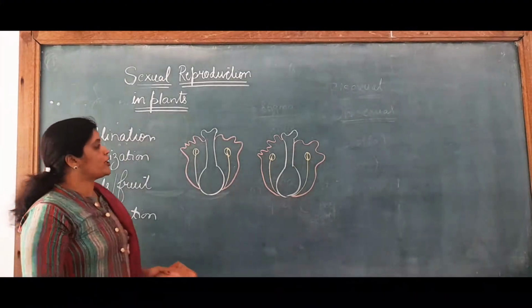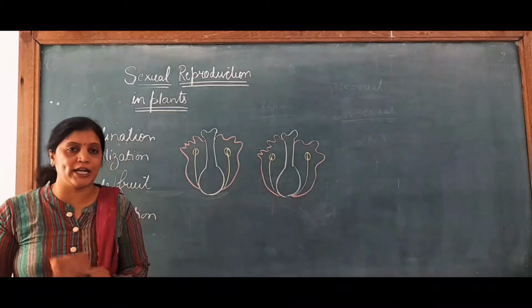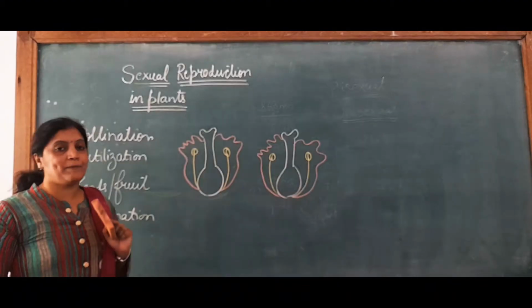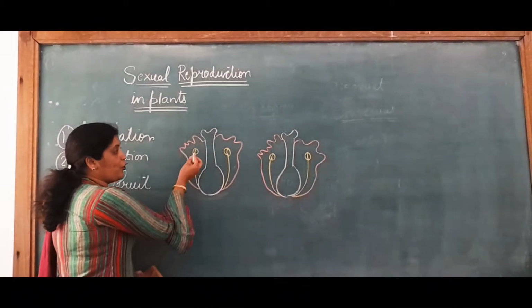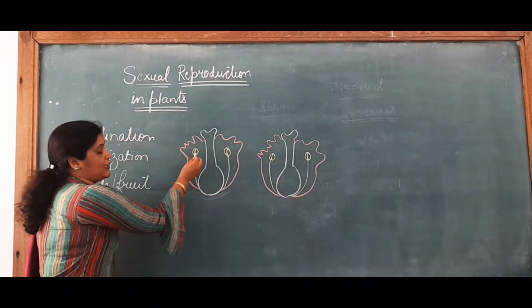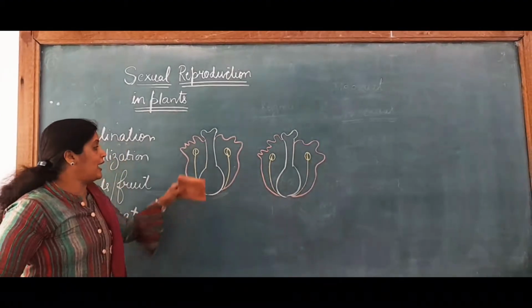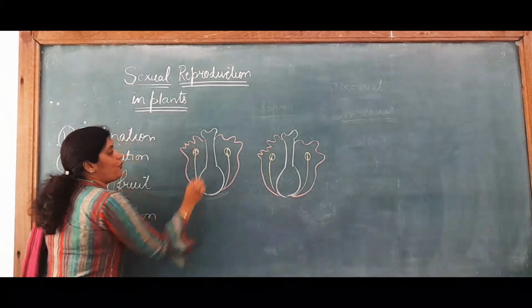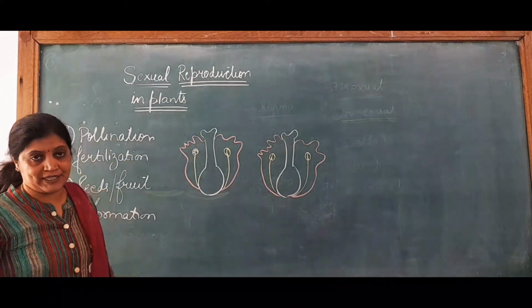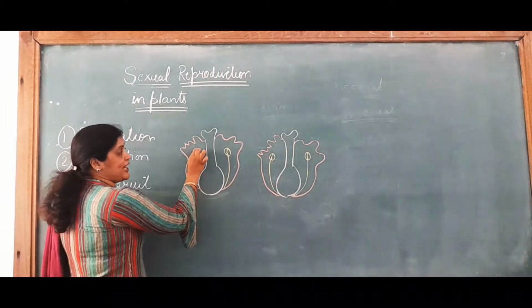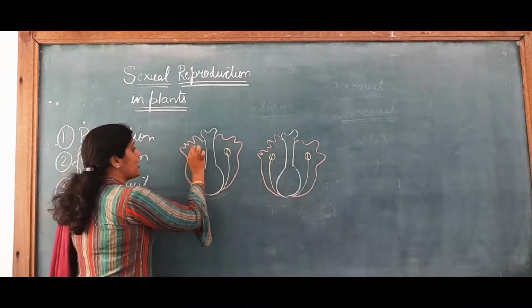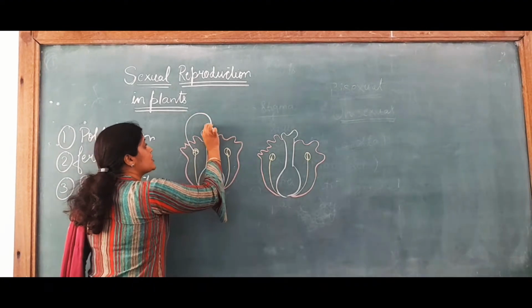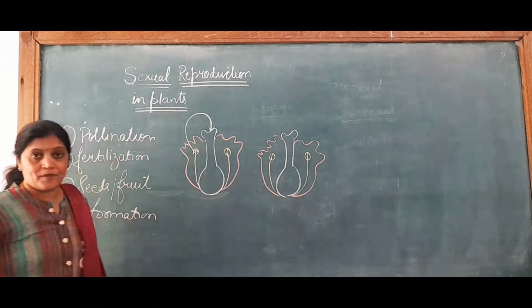First we have to discuss what we mean by pollination. As I told you, the anther lobe contains pollen grains, and pollen grains are male gametes. So these pollen grains of the anther lobes transfer to the stigma of the carpel.